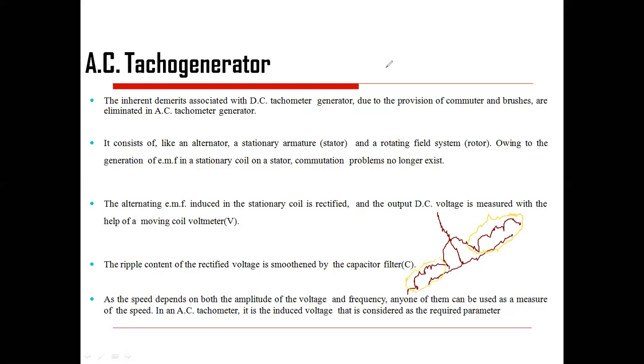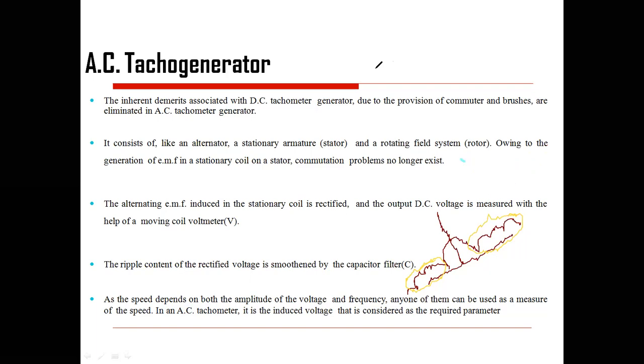Actually, these ripples are not a good sign of generation. If this is my x-axis and this is my y-axis, I am interested in having the resultant output like this, not these ripples which I am showing with red. They are continuous and not good signs.